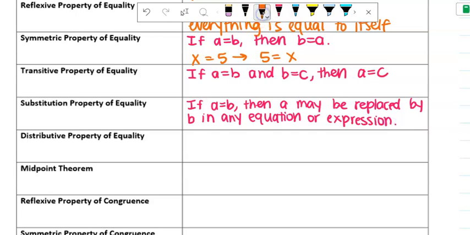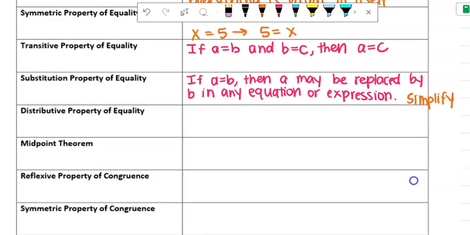You've seen that word substitution when you solved systems of equations in Algebra 1. You took things that were equal and you replaced them. Like if an equation was solved for x or y, you replaced it. Another way we can use this is if we're just simplifying, like if we're showing that we're adding and then we actually add, that would be substitution as well.